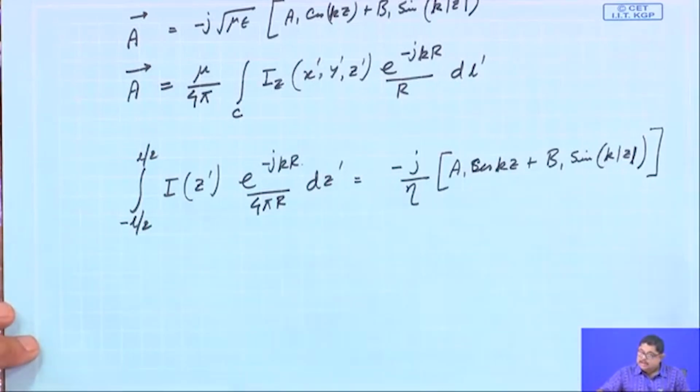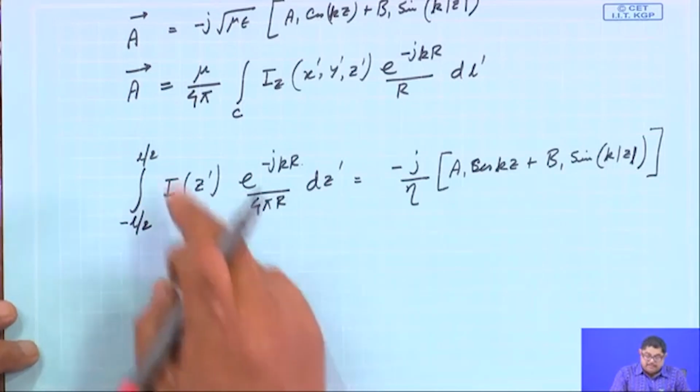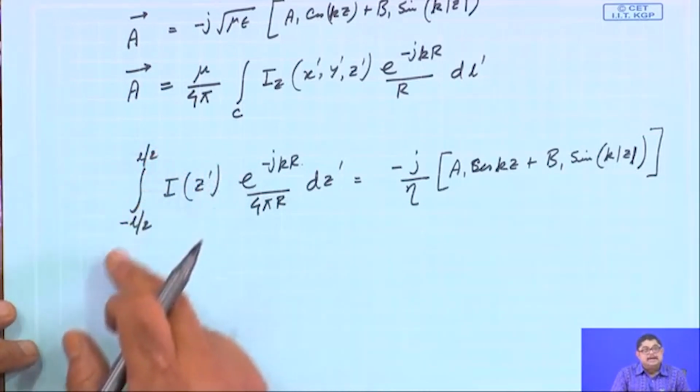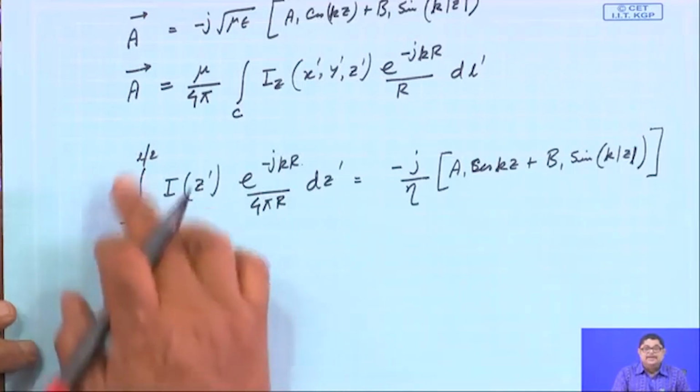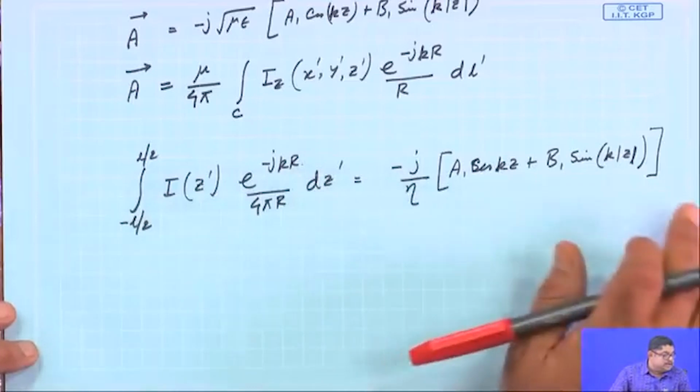Now, in this equation you see the right hand side is fully known, A1 and B1 I know. I have to find Iz dashed, but unfortunately Iz dashed is under, or it is an integrand of, this equation. That is why these equations are called integral equations.